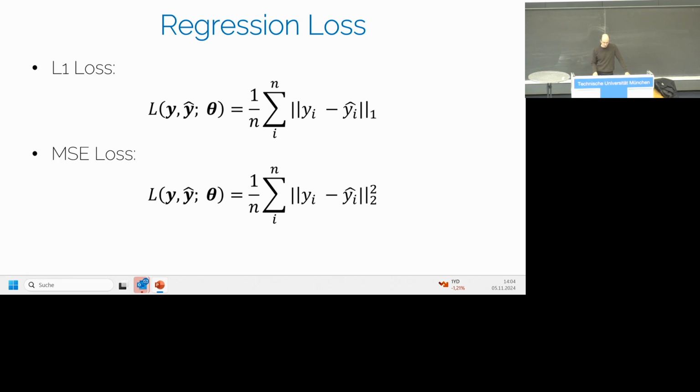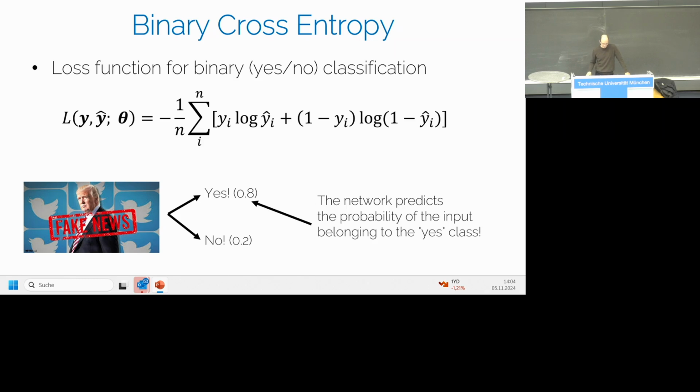These are different choices of loss functions, and they have different properties. Often, if you understand the problem you're solving, you will know which loss function you should prefer in what setting, and we'll see a bit more about that.